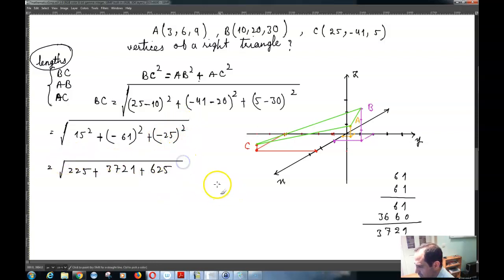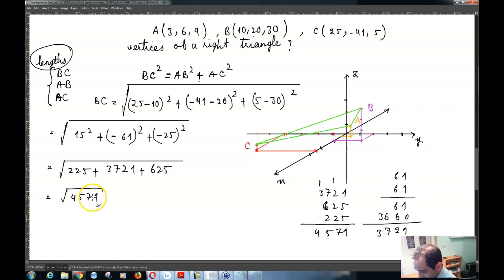If you add these numbers together, 3721 plus 625 plus 225, you get 4571. Now the square root of 4571.